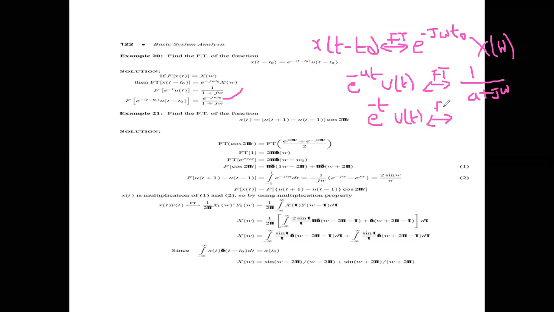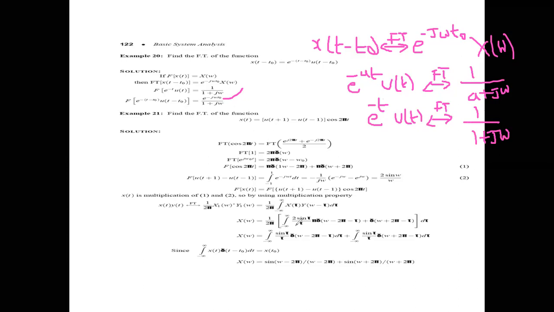So the result is e power minus j omega into t naught, multiplied by the Fourier transformation of e power minus at mu of t, which is 1 by a plus j omega. What is the a here? 1. So for e power minus t mu of t, the Fourier transformation is 1 by 1 plus j omega.